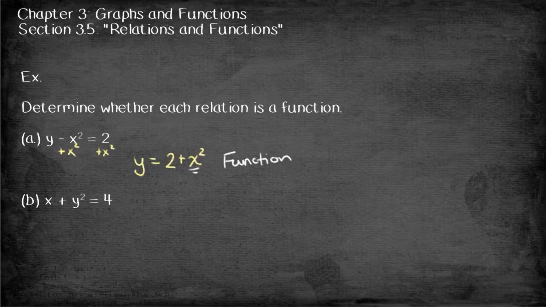But if we look at the second example, what we're going to do here is solve for y again, or at least get y on one side of the equation by itself.